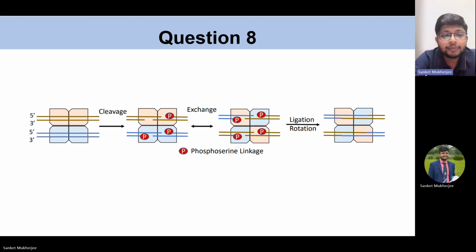As we see here, the serine recombinase first cleaves the DNA. Then there is a 180-degree rotation, which facilitates the exchange, and further ligation forms recombinant DNA.